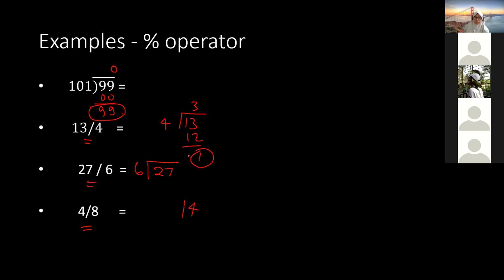So what is the closest? 4 times 6 is 24. So 4 divided into 24. So the remainder is 3. Yeah. 4. So the remainder right here is 3. 4 divided by 8. 0 and 0. 4.